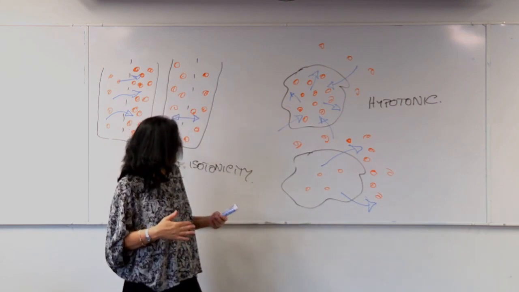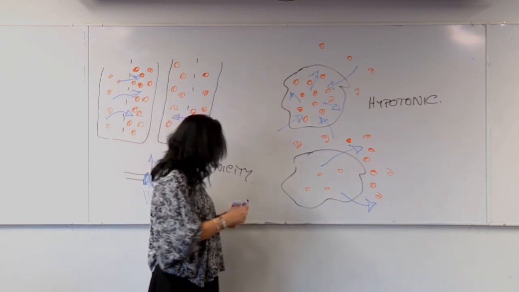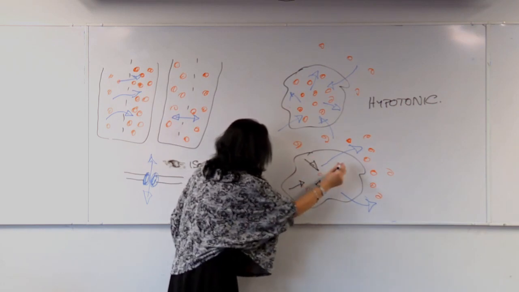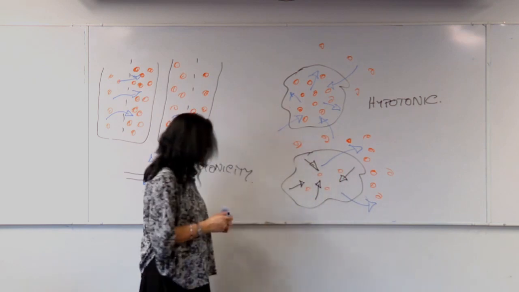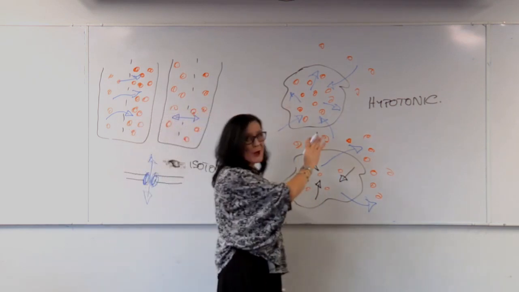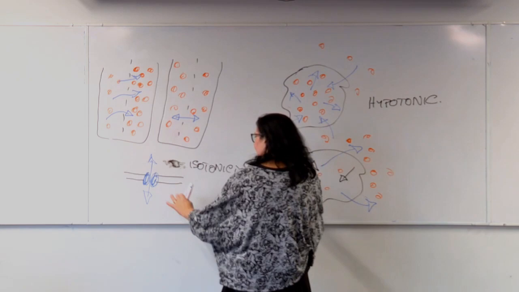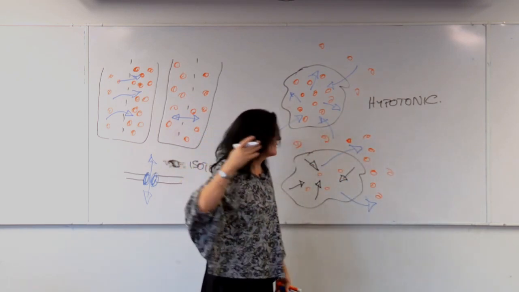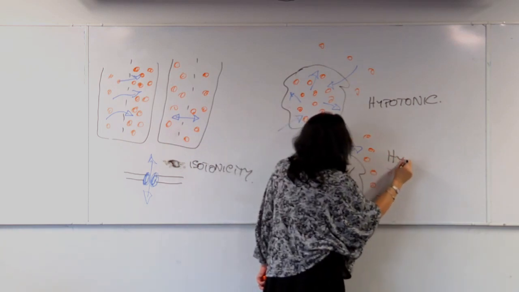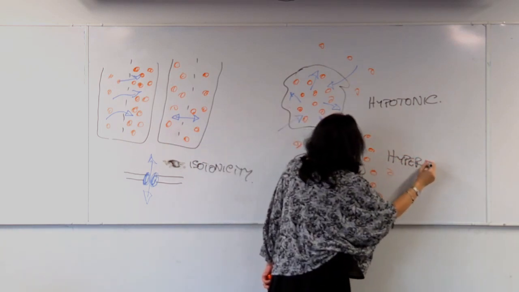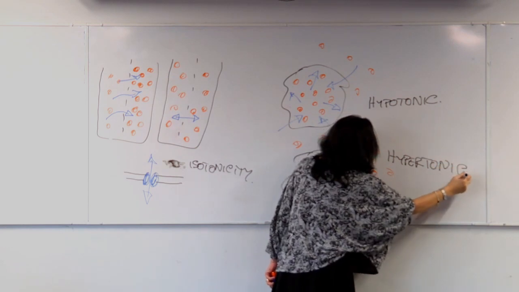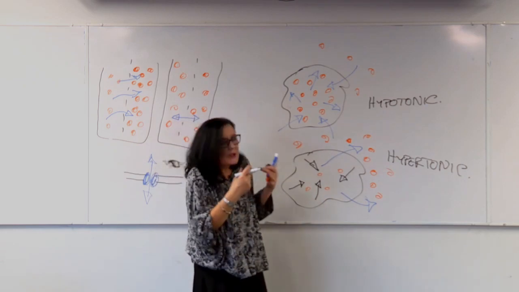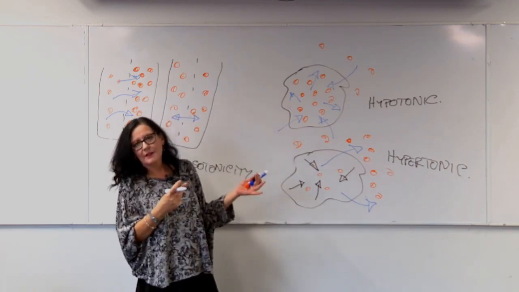As a result, what's going to happen to our cell? Yes, it's going to start shrinking. And if that was hypotonic, that was isotonic, this must be hypertonic. The extracellular compartment has more osmotic particles than the intracellular.